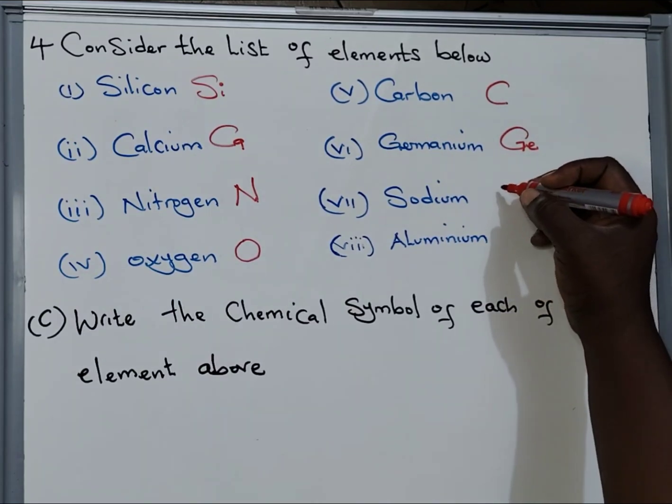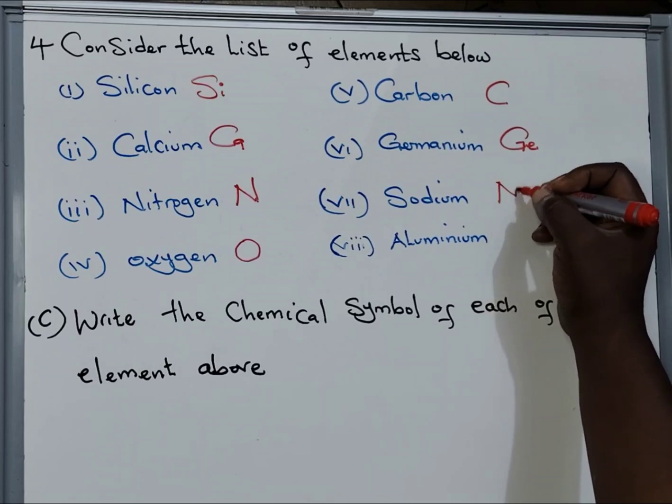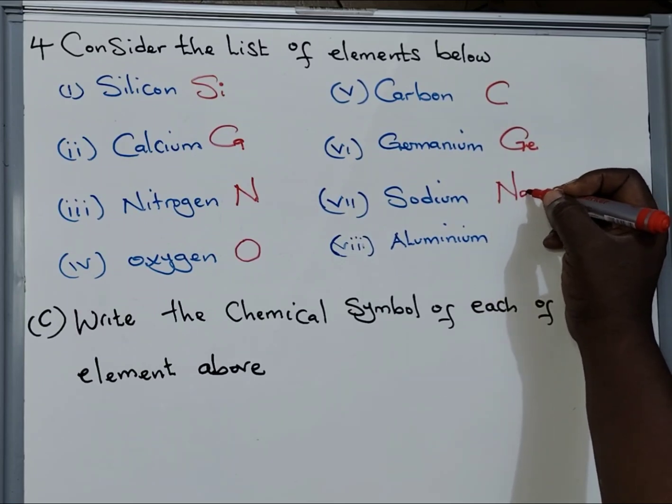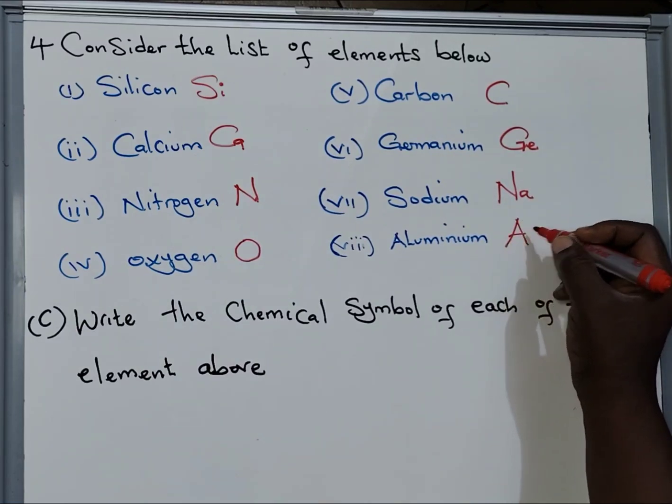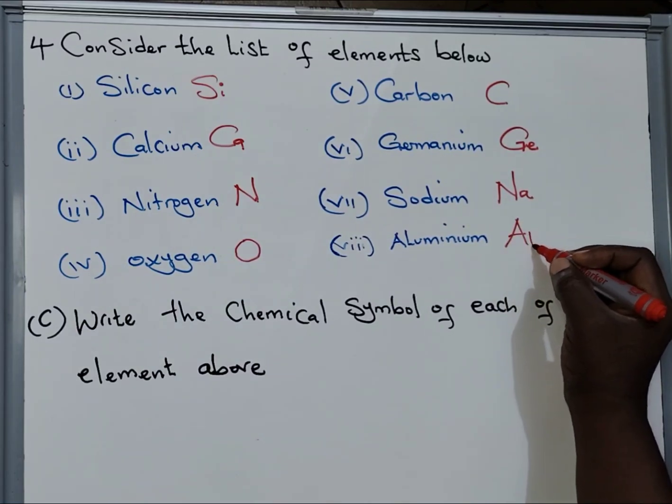Sodium, there are two letters, so it's going to be capital N, small a. Aluminium, there are two letters, so it's going to be capital A and small l.